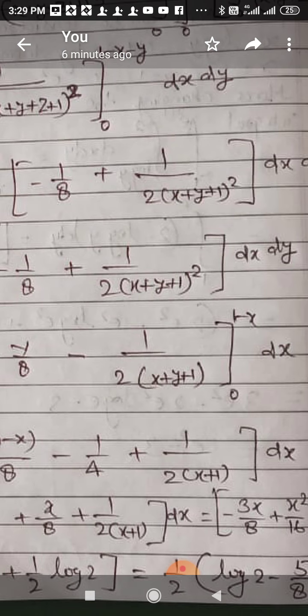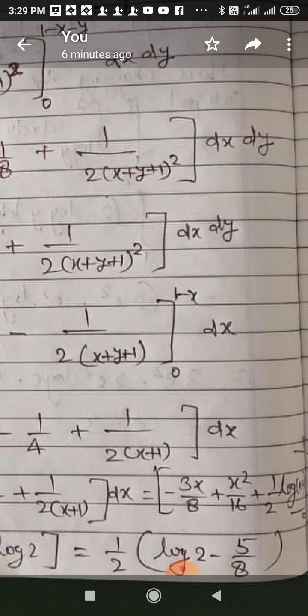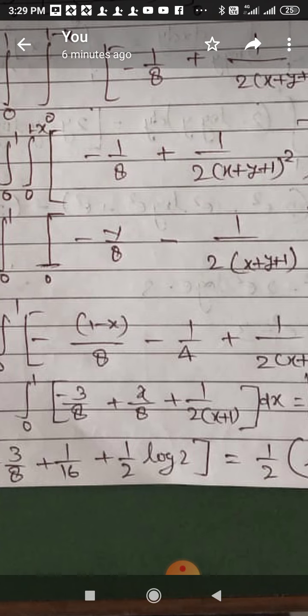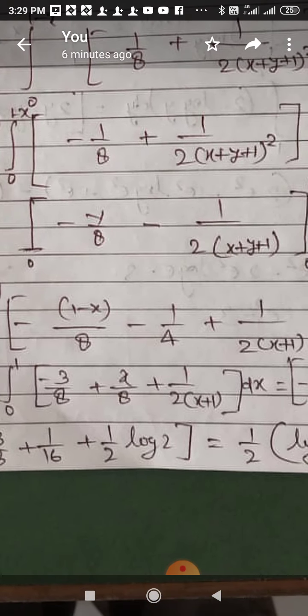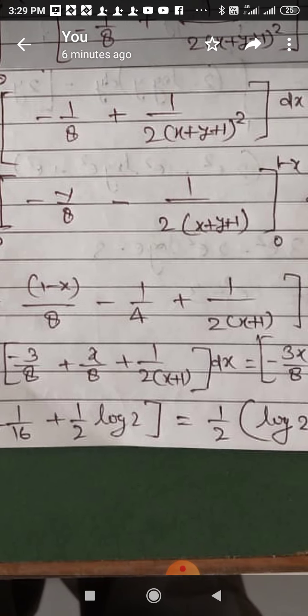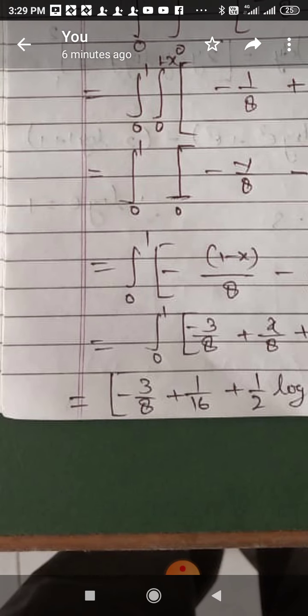Lower limit 0 and upper limit 1 minus x. Putting the lower and upper limits in this expression, after putting the value of y as 1 minus x, it gives (1 minus x) upon 8 minus 1 upon 4 plus 1 upon (2 times (x plus 1)), and dx.